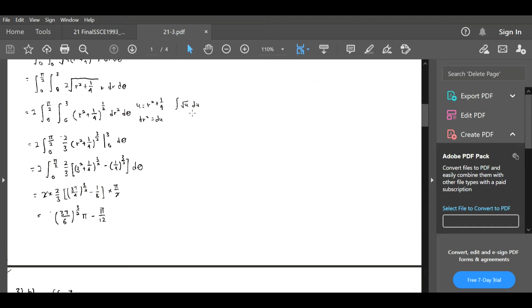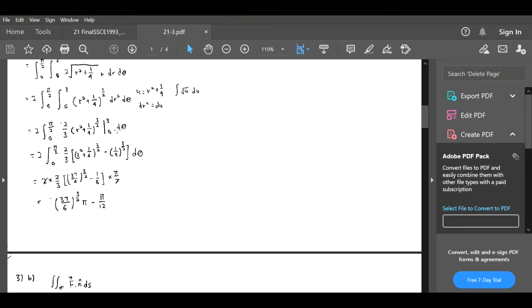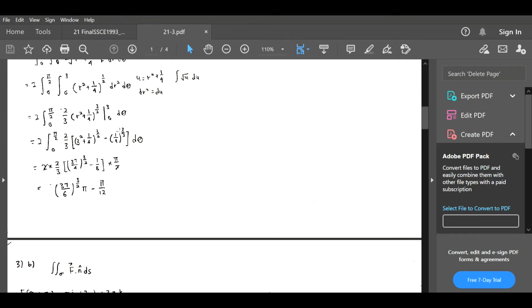If we integrate, 1 over 2 plus 1 becomes 3 over 2, and then over 3 over 2, so it will be 2 over 3 u, and we substitute u. So we get this. Substitute the limit r, and then we do the pi.